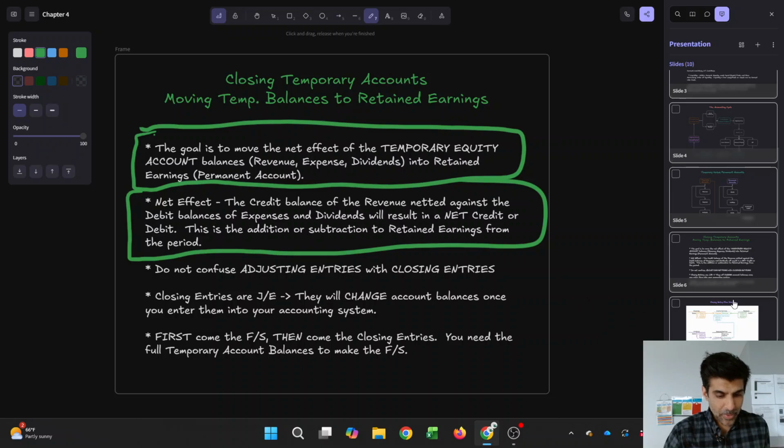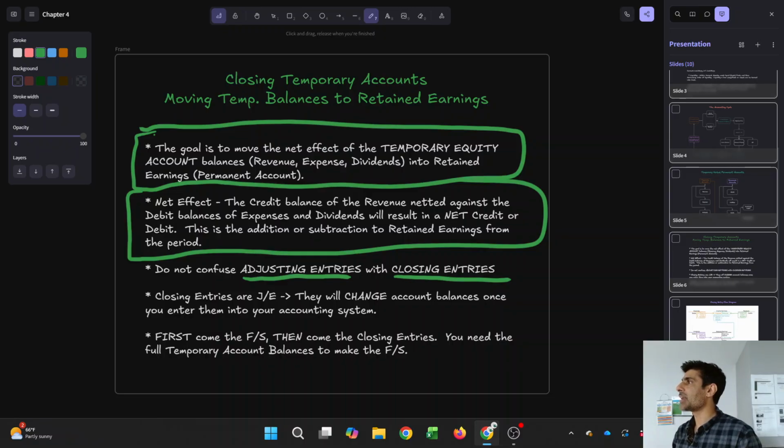One big area of confusion: adjusting entries and closing entries. They're two totally separate things. Adjusting entries are from chapter 3. They're actual economic realities that exist in our business, and we want our financial statements to reflect that, which is why we did those adjusting entries in chapter 3.